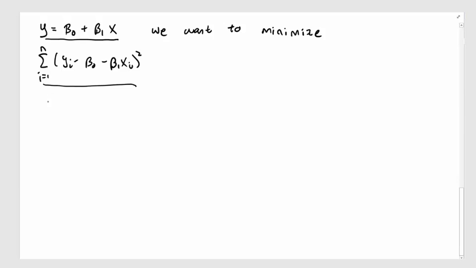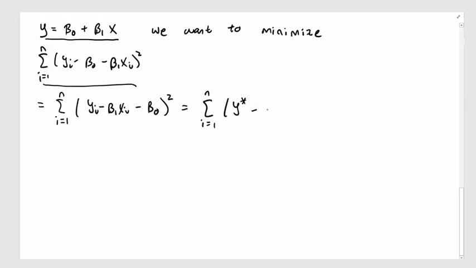Then I'm simply going to rewrite this equation as summation i equal 1 to n of yi minus beta 1 xi minus beta naught quantity squared. And then I'm going to write that as summation i equal 1 to n of yi star minus beta naught squared, where yi star is equal to yi minus beta 1 xi.